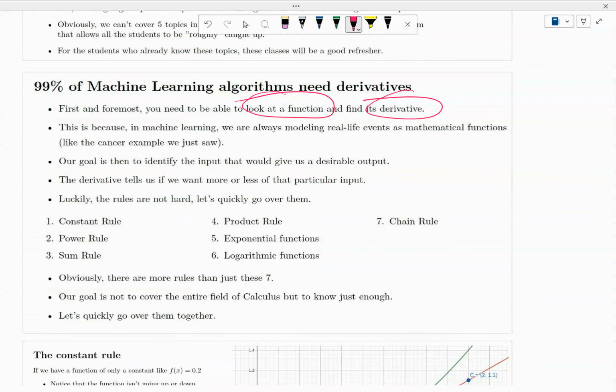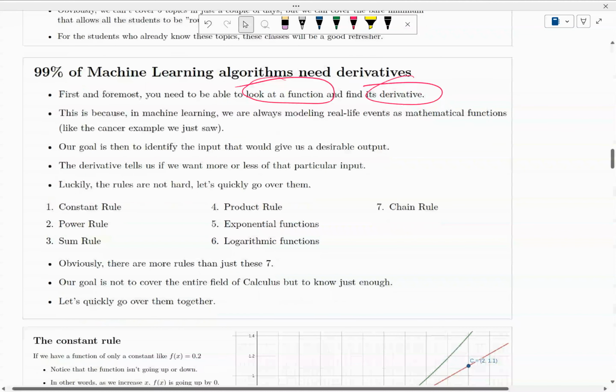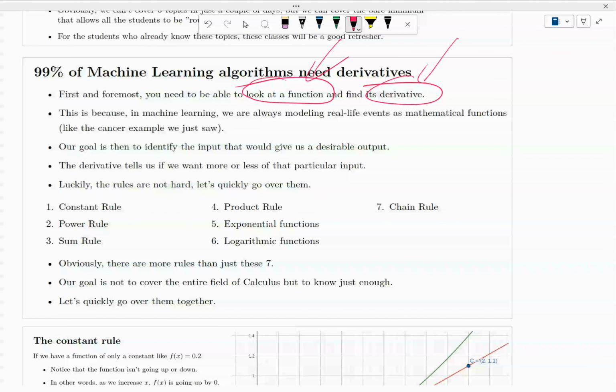And like I told you, like the cancer example we saw, the ability to do that is not 100% necessary, but it really helps you to understand what's going on. So our goal today is to go over the basics of how to go from the function to the derivative function.